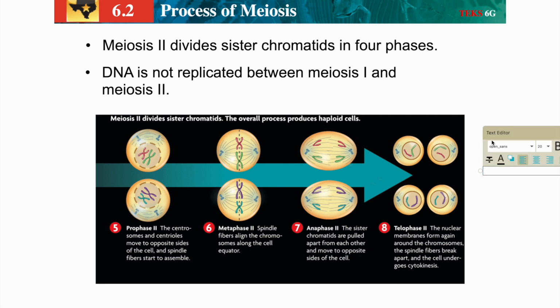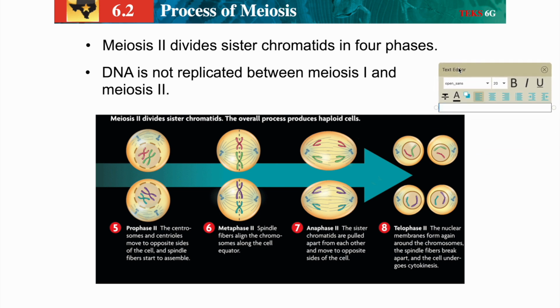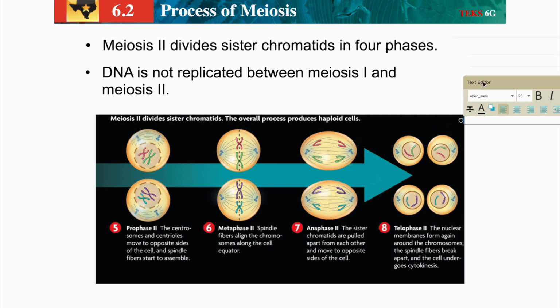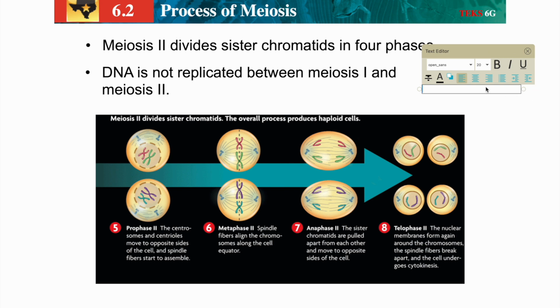I want you to write: telophase 2 results in 4, not 2 genetically identical, but 4 genetically unique daughter cells.